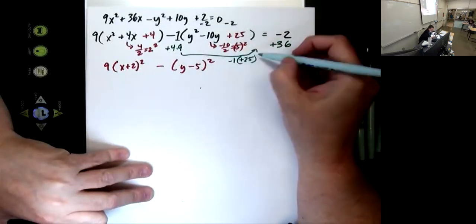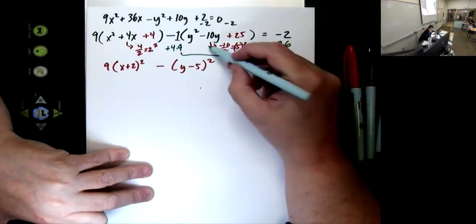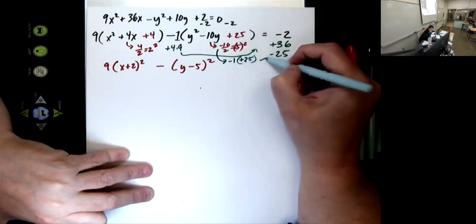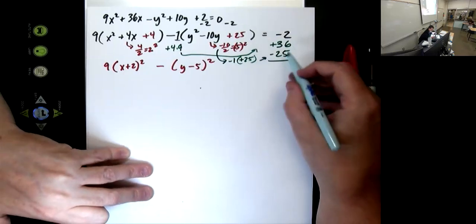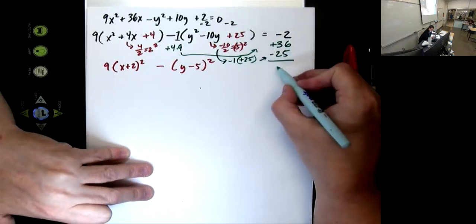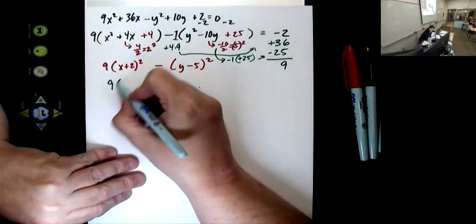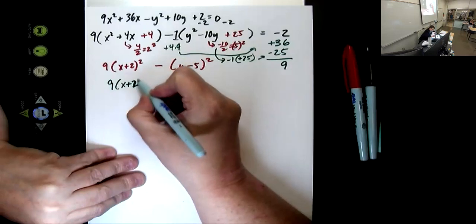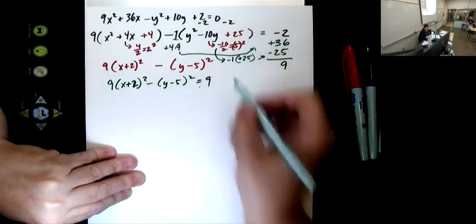So I really subtracted 25. So I'm going to subtract 25 over here. And 36 minus 27 is 9. So that's what the right side will equal, is 9.